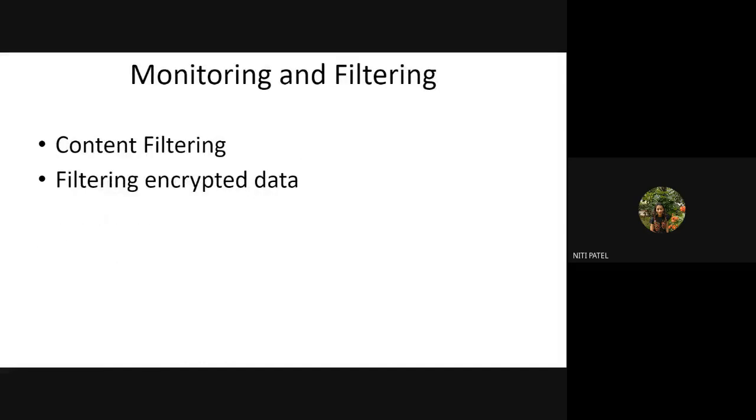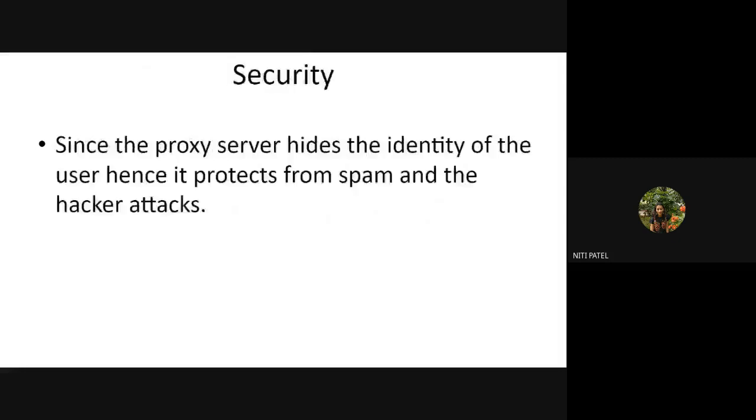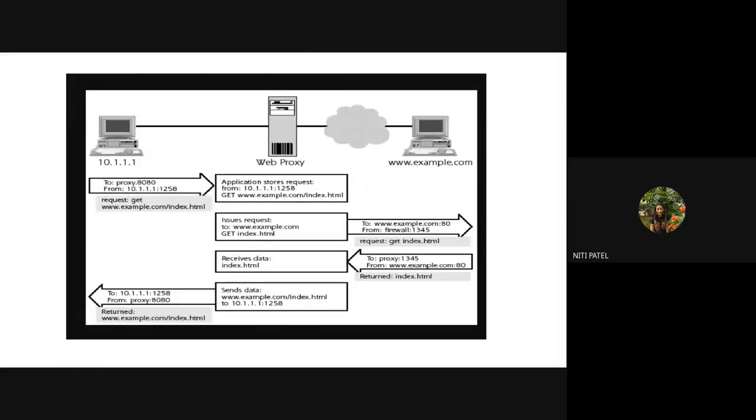What is monitoring and filtering? Content filtering is done and encryption of data is done. If you see the diagram shown over here, the proxy server knows who the client is by the IP address 10.1.1. The proxy server also knows who the server is by the IP address 30.1.1.